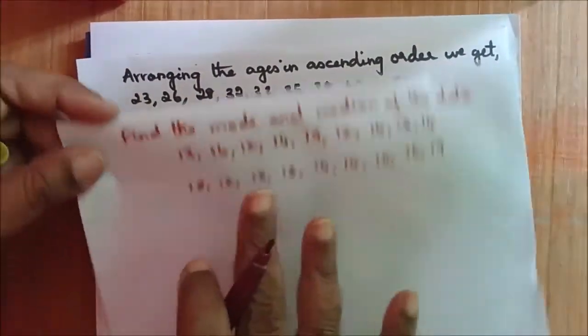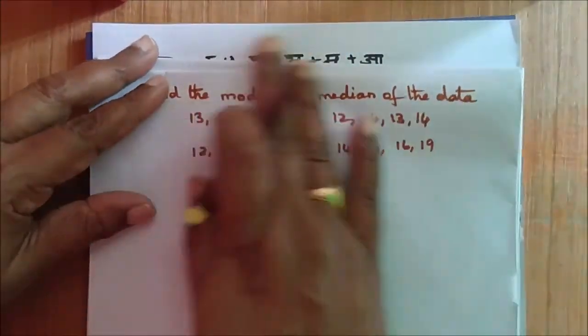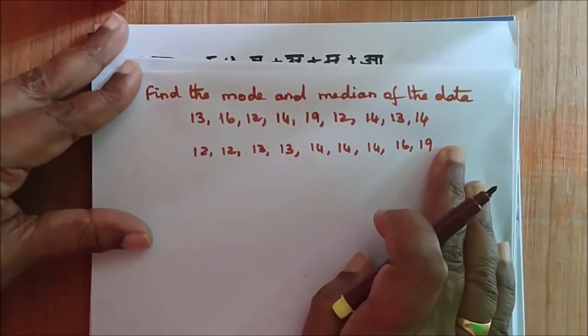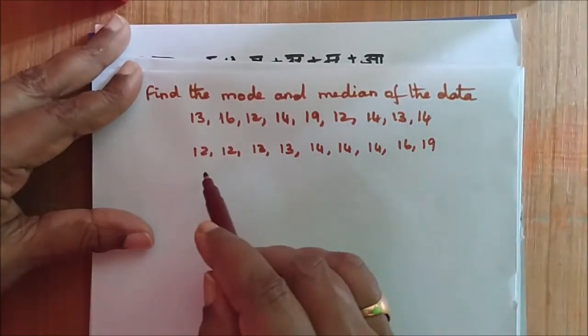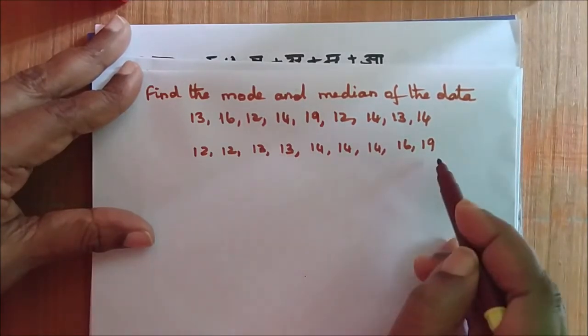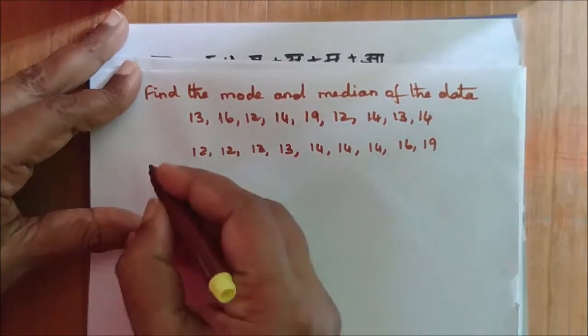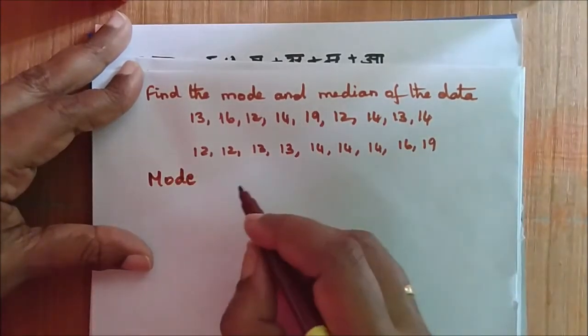Now we are asked to find the mean and median of the following data. This is the data that is given. First, let us arrange them in ascending order. I have arranged them in ascending order. Can you tell me what is the mode of this given list of numbers?